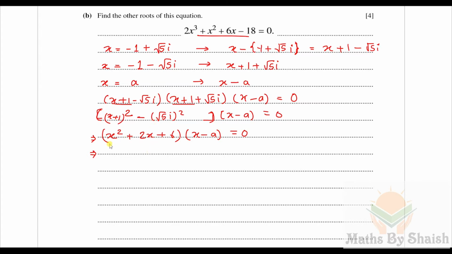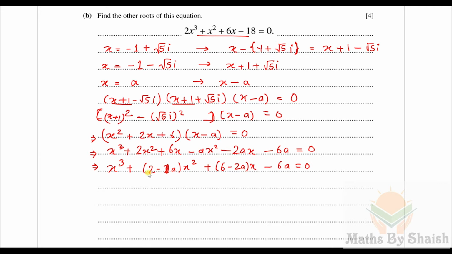So multiplying these two, we will get x cube plus 2x square plus 6x minus ax square minus 2ax minus 6a is equal to 0, or we can write it as x cube plus (2 minus a) x square plus (6 minus 2a) x minus 6a is equal to 0.